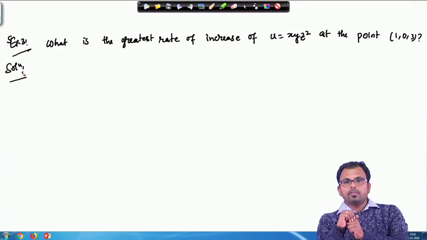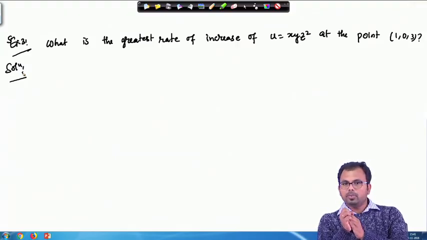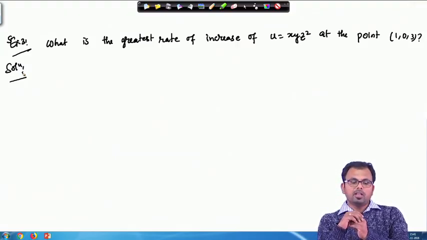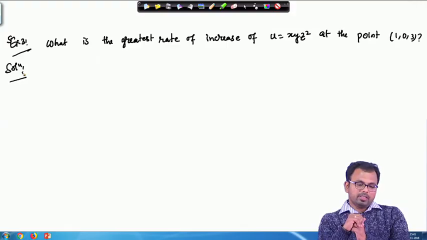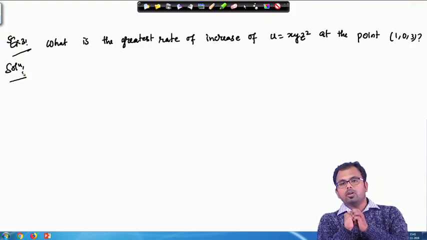From that formula, the directional derivative is nothing but the gradient of f at a certain point p dot product with a cap, right. So, in what direction will this directional derivative be maximum, and what is its maximum value?